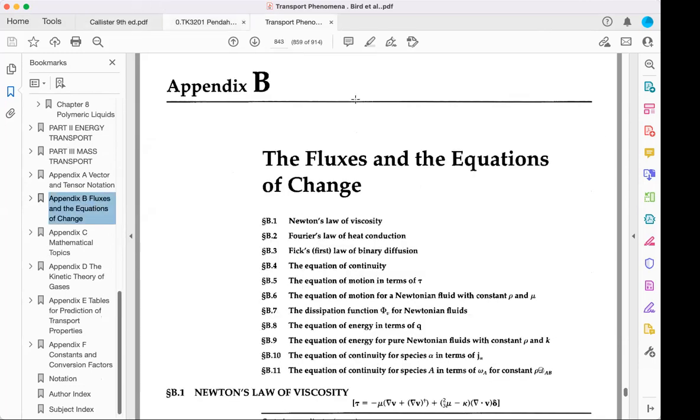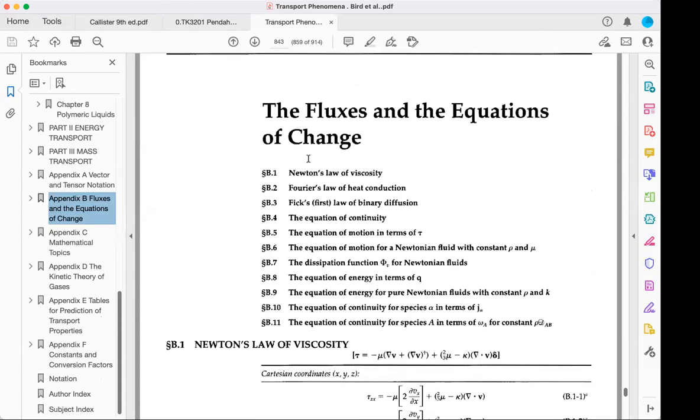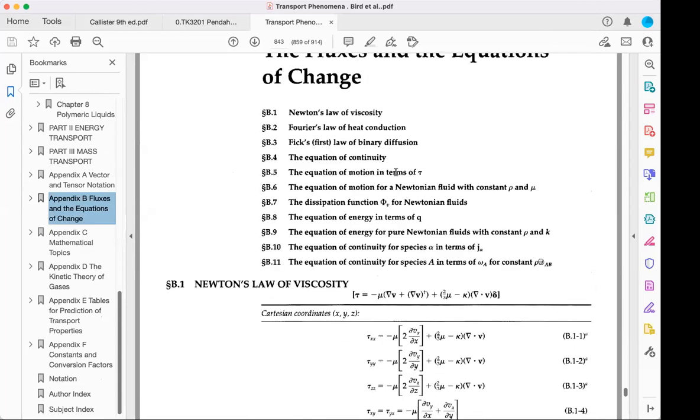In this appendix B, they have actually listed all the equations that you need. The first one is Newton's law of viscosity. So, okay, if I don't know what Newton's law is for tau z, for example, you can find it.